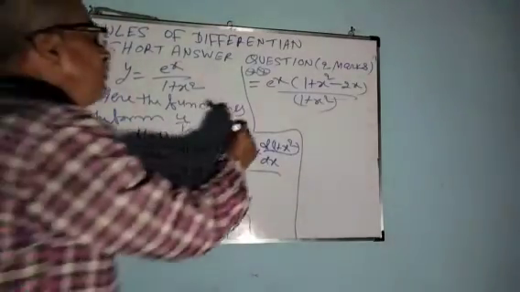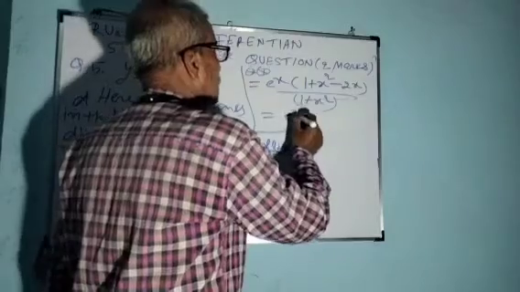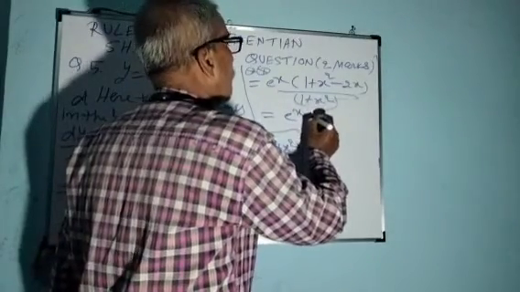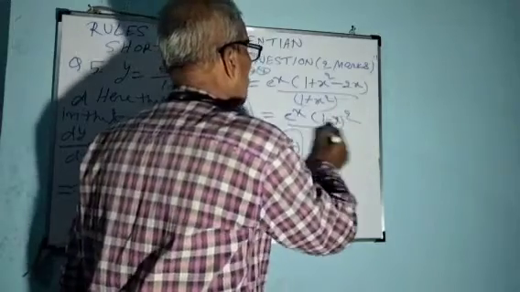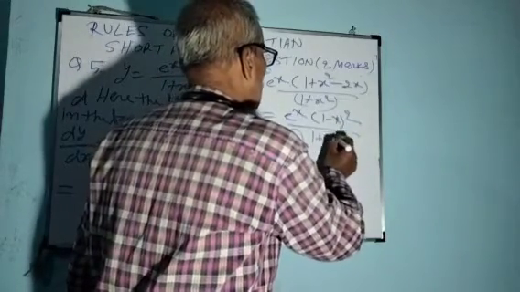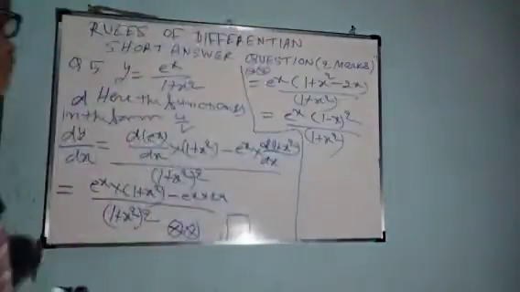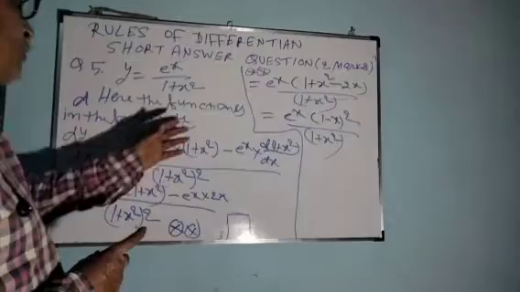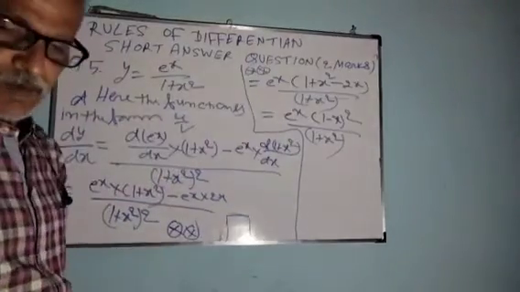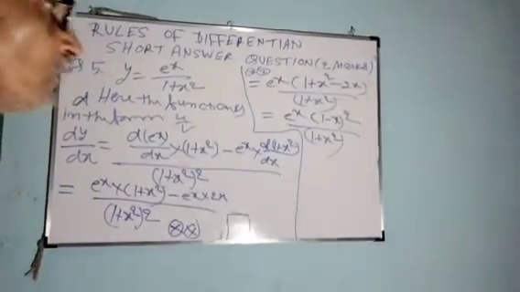This is equal to e^x into (1 - x) whole squared by (1 + x^2) whole squared. This is the required derivative of the function. You note it in your notebook.